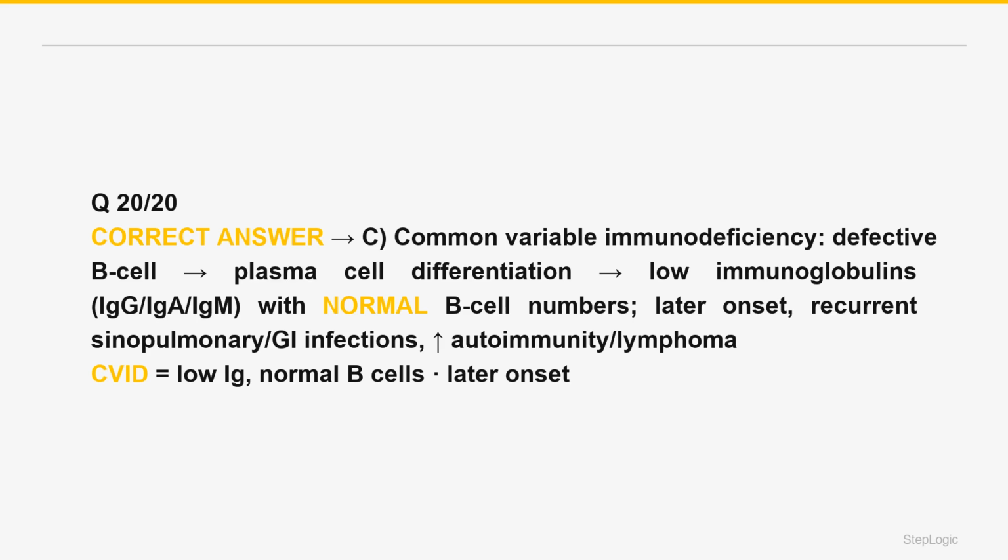Contrast X-linked Bruton agammaglobulinemia, which presents in infancy with absent B cells, a BTK defect. Selective IgA deficiency has only low IgA, is often asymptomatic, with anaphylaxis to IgA-containing blood. Treat CVID with IVIG. The normal B cell number, hypogammaglobulinemia, presenting in adulthood is common variable immunodeficiency.